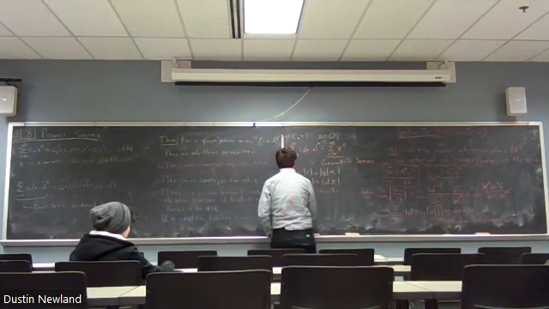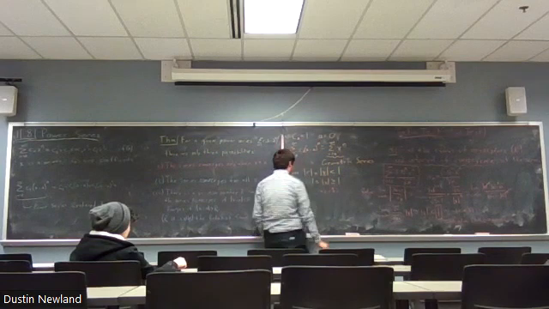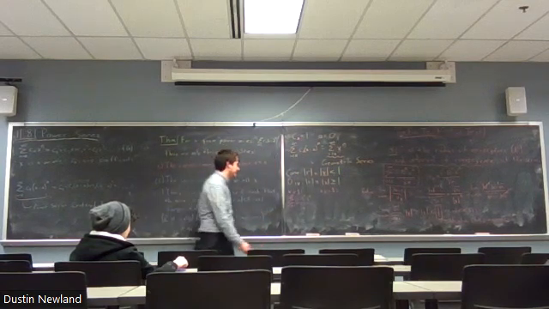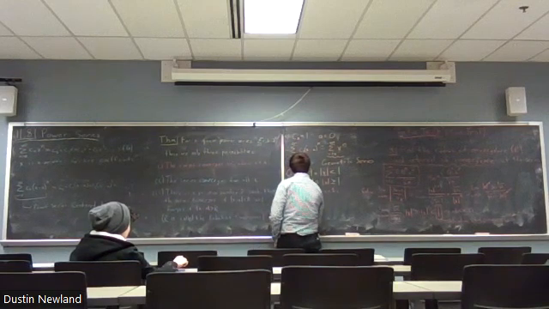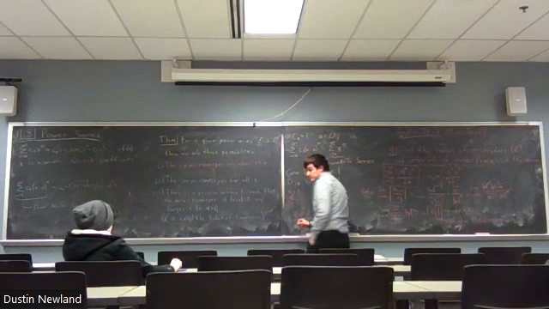Right, so I get -1 to the n times 1 to the n over the cube root of n. What's 1 to the n power? 1. So I just get the sum from n equals 1 to infinity of -1 to the n over the cube root of n.